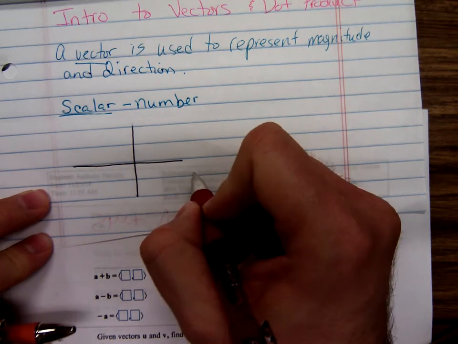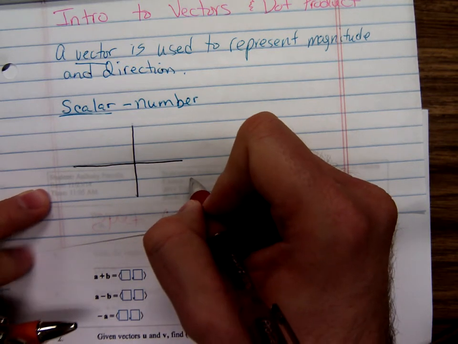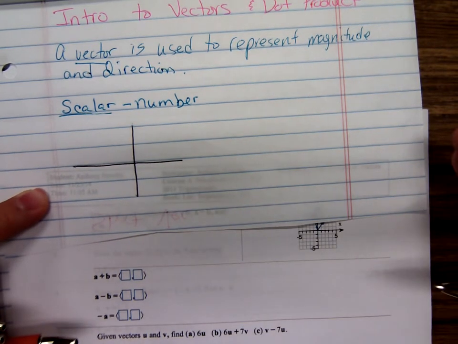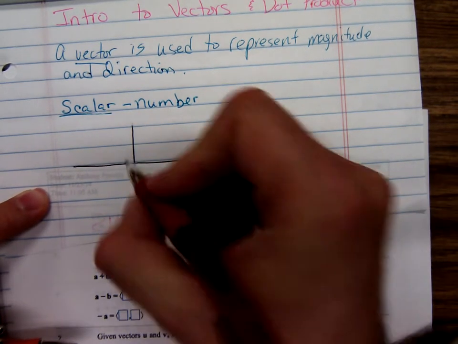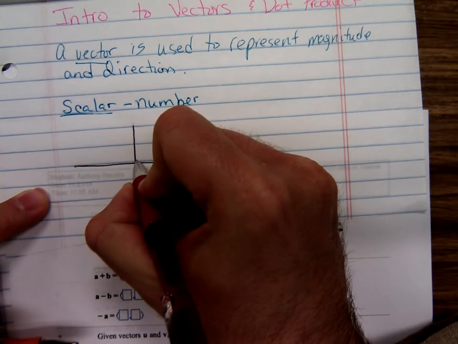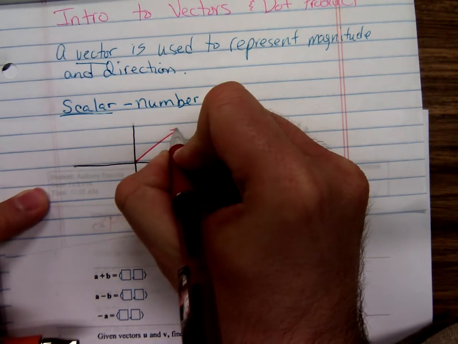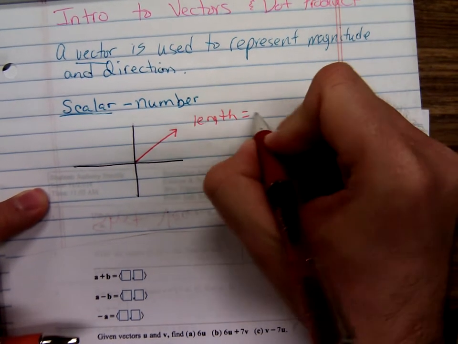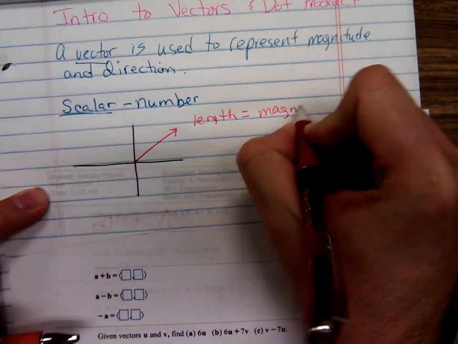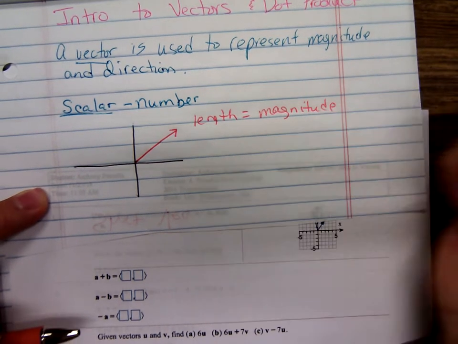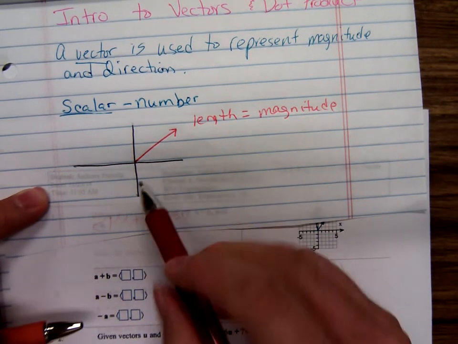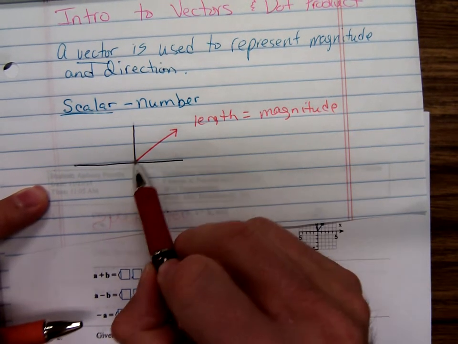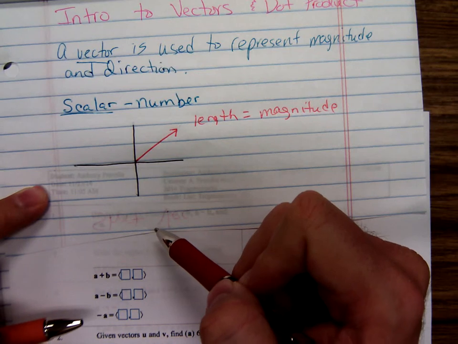The standard form for plotting a vector, and we're going to use the XY axis because of that direction thing, okay? The length of the vector is the magnitude. And then you use the direction. Like in this case, this vector is going in a northeast direction.